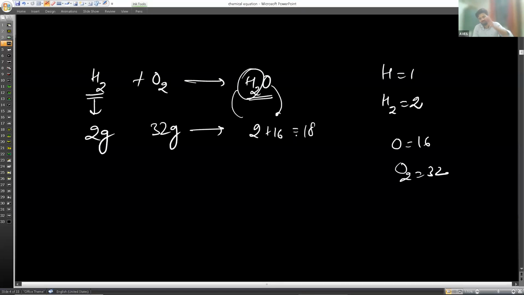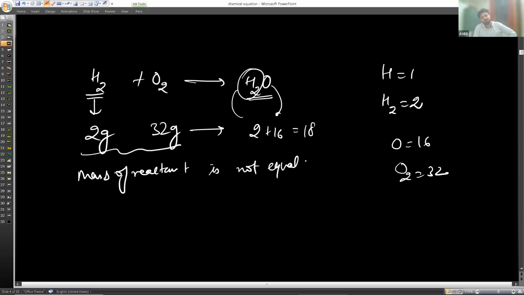Total mass is 18. We will say that the mass of reactant is not equal to the mass of product.